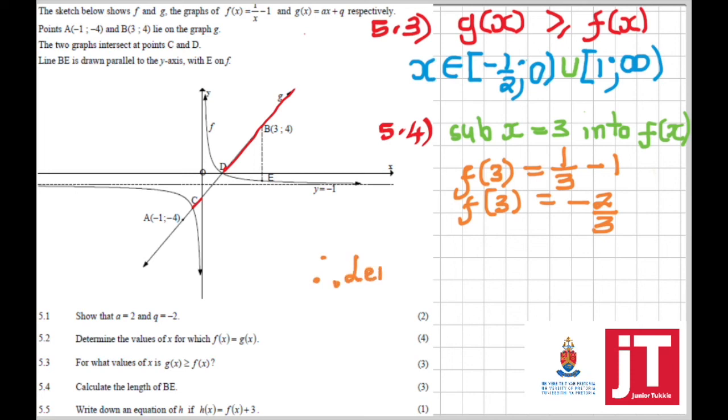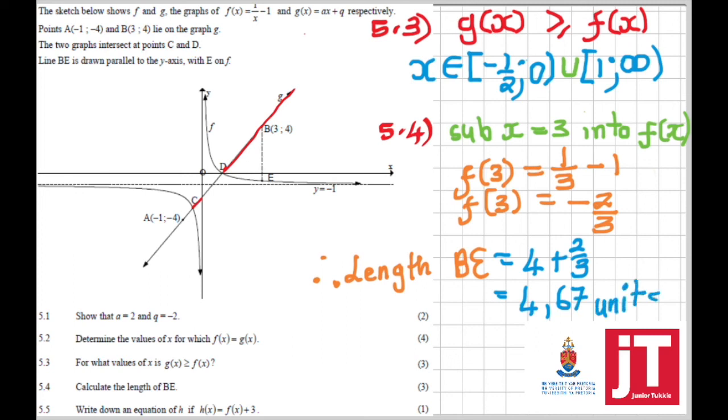Therefore, the length of BE is a summation of 4 plus 2/3, leading to a final answer, to 2 decimal places, of 4,67 units, rounded off.